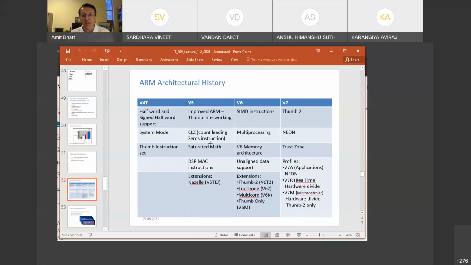Now, saturated math, this is good for your understanding. It is very much used in graphics. Say in graphics you are using 128 levels of grayness. So 0 means completely black and 127 means completely white. If you want any color in between, the colors between white and black would be various shades of gray.